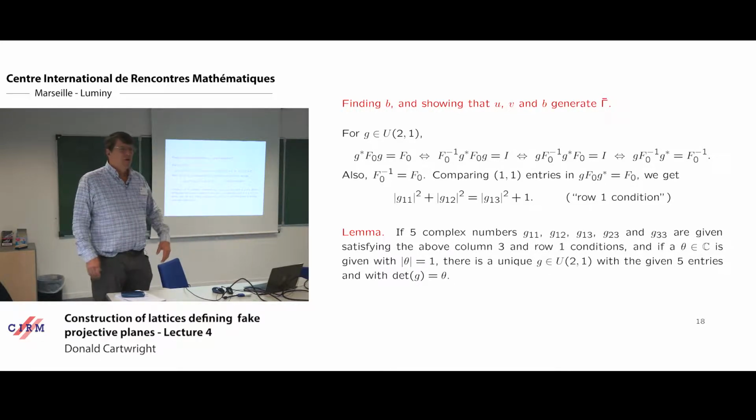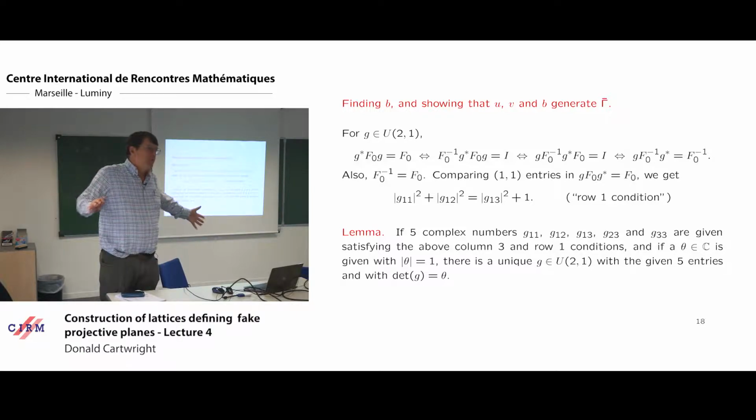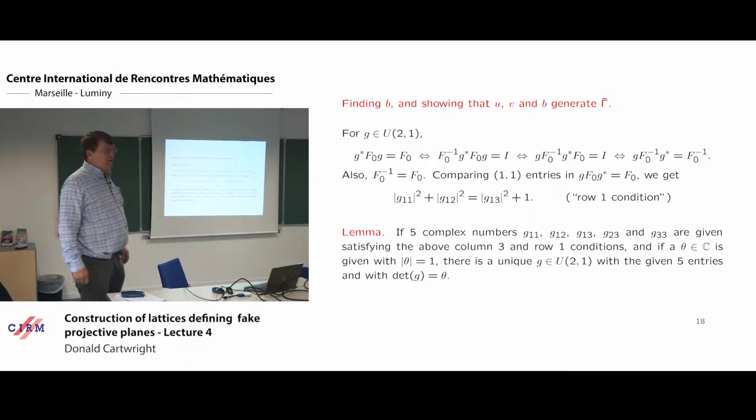Now, you geometry people probably understand where this comes from. I guess U21 acts transitively on the ball, and this is somehow a refinement of that. It's just an elementary calculation for me anyway.